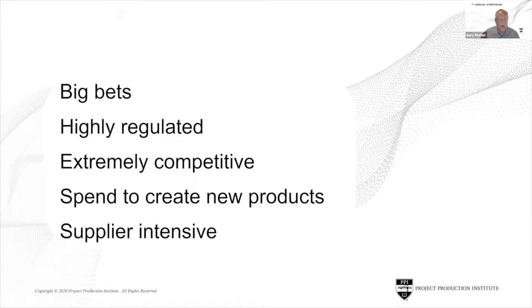We make big financial bets, both companies. You have to make a decision and then live with it for a long time, over many millions of vehicles in their case, a major investment in ours. We're both highly regulated and extremely competitive. We both have to spend a lot of money to create new products, and it's very supplier intensive. We're not in this alone.